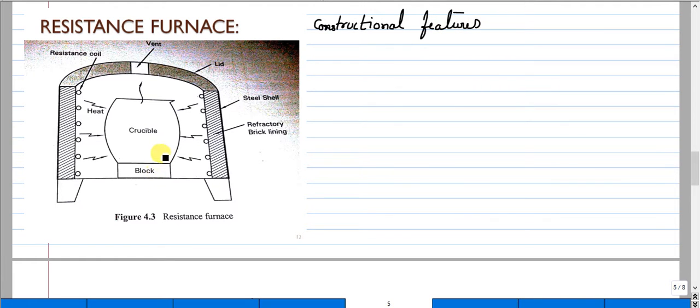You can notice it consists of a series of current carrying coils inside the refractory bricks.